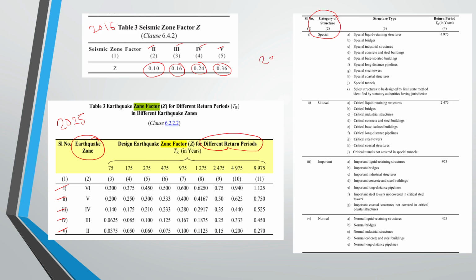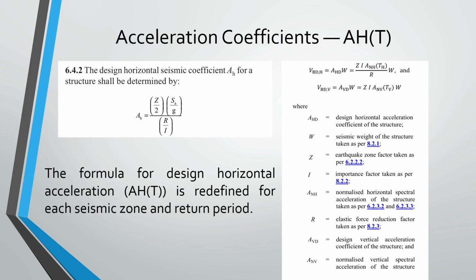Okay, so again this is from 2025, where the categories of structures are explicitly given, and against that the return periods are mentioned. So in combination of the category of structure and return period, the zone values are defined.